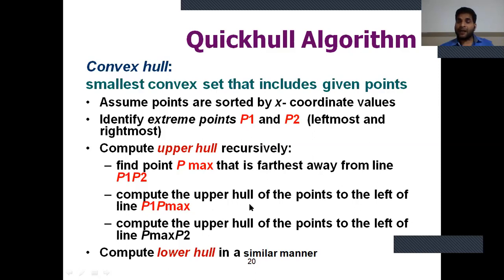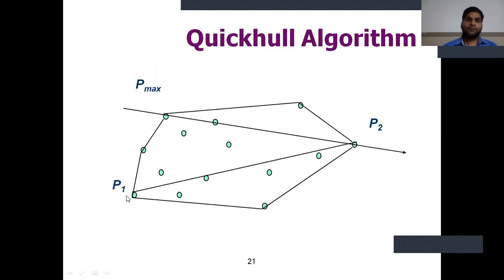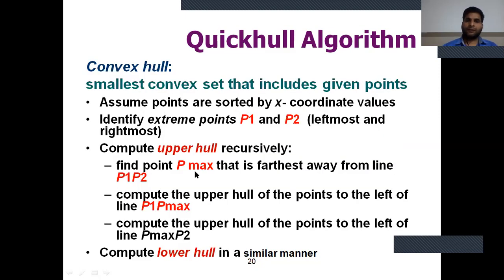Compute the upper Hull of points to the left of line P1 P max. Compute the upper half, points P1 P max. Compute point P max that is farthest away from P1 P2.